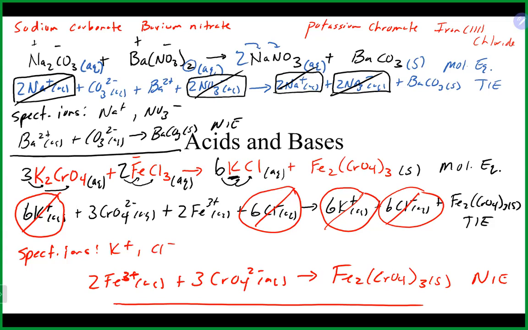The next category of double displacement reactions, as we talked about, are acid-base reactions. Acid-base reactions are going to make water as opposed to a solid. But we could also explain what's going on in very similar terms in these equations as well.